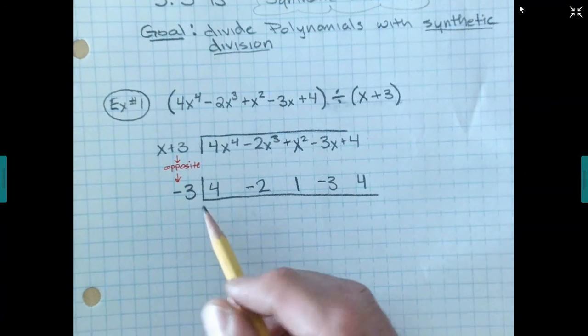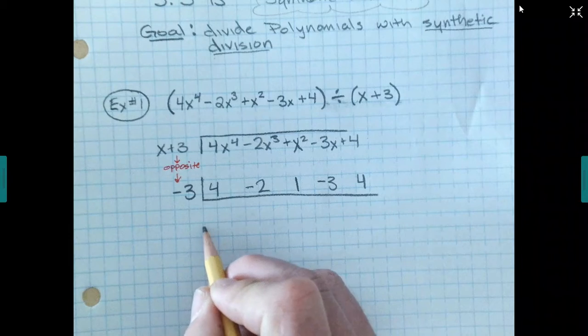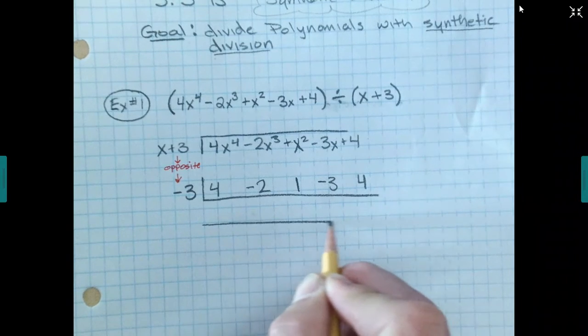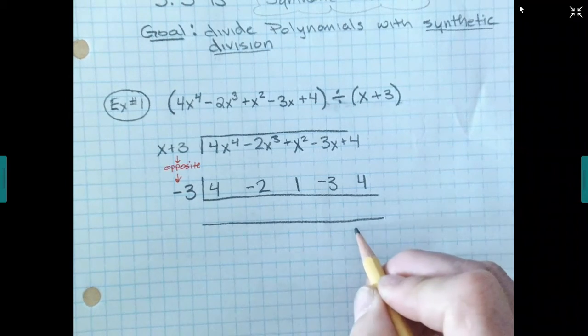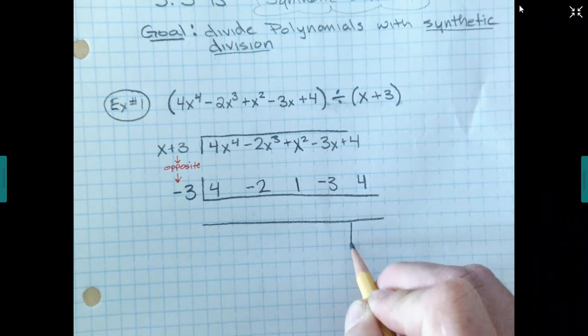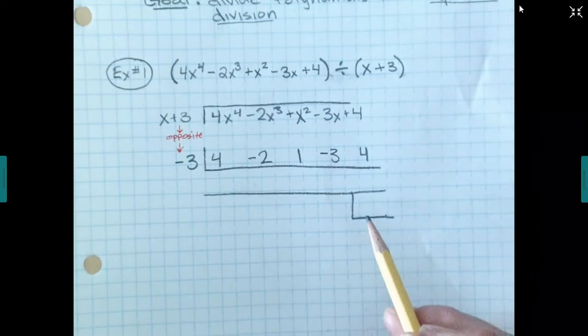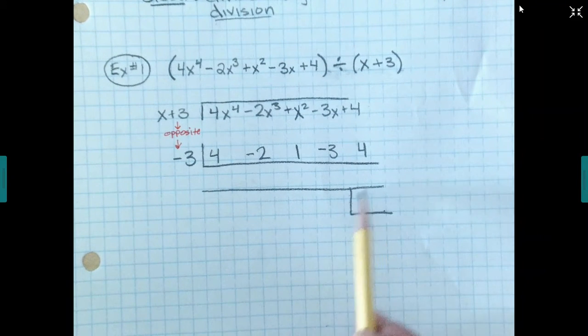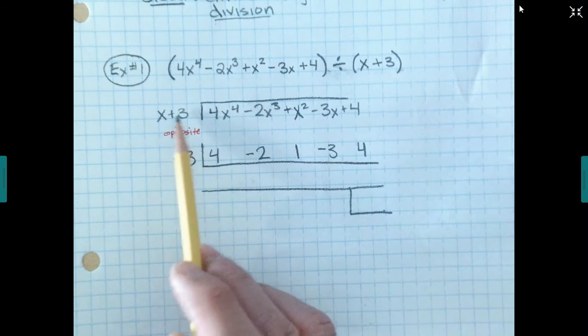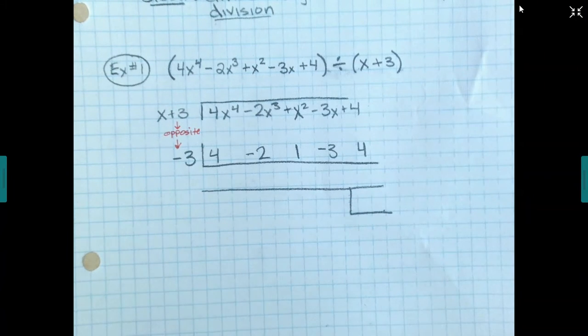Okay? And so I'm going to write another line right here. What ends up in this box is going to be our remainder. So our remainder, if you remember, is going to be this number over the original divisor.